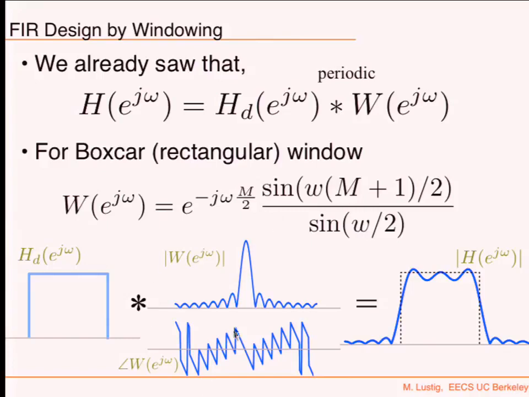All right. So this is convolving this, which will give me an approximation to this ideal frequency response, which is a little bit blurred. So there's now a transition band. It's not as sharp anymore. There's also ripple, both in the pass band and the stop band.